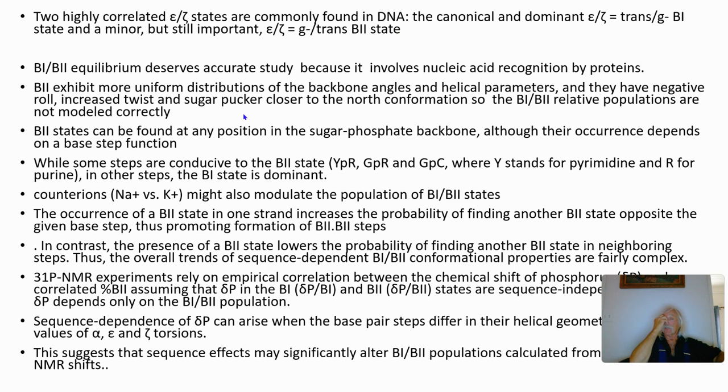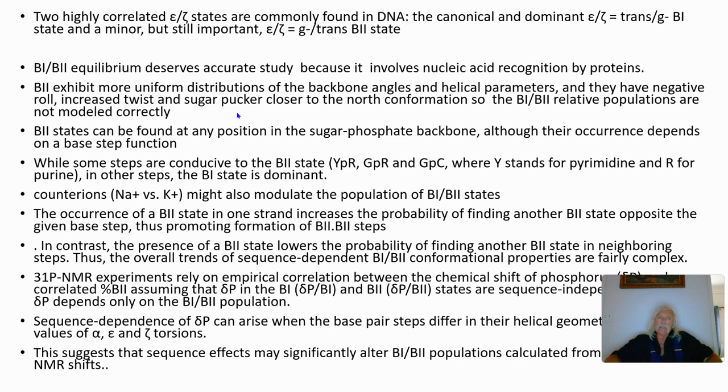Okay? So it's different names. We're talking about those two torsion angles I just showed you, where they are specifically on the backbone, sugar phosphate backbone. Okay? So B1, B2 equilibrium deserves accurate study because it involves nucleic acid recognition by protein. Obviously, the protein is going to bind to a specific region of DNA. We need to know if it's going to have an effect on torsion angle chemistry and physics.